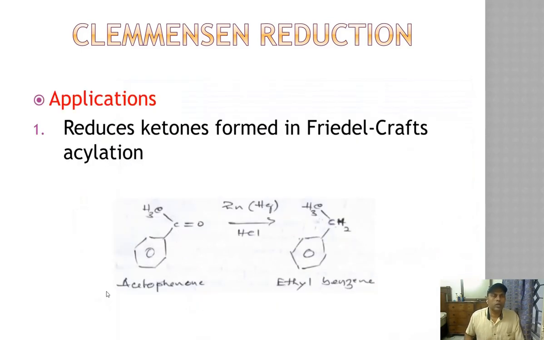Right. Next, we will look into applications of Clemmensen reduction. The first one is it reduces the ketones formed in Friedel-Crafts acylation. This is the product of Friedel-Crafts acylation on the benzene. So you have benzene, you know the Friedel-Crafts acylation reaction. It is an electrophilic substitution reaction.